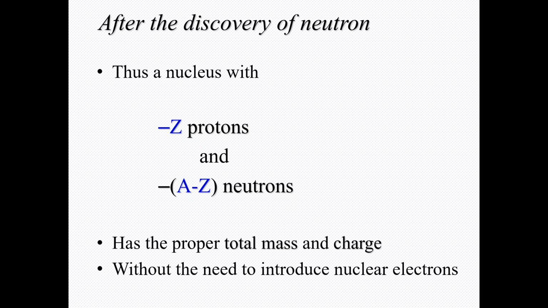I mean, now we can completely define the nucleus: it has Z protons and A minus Z neutrons, giving the proper total mass and charge of the nucleus. And here we don't need to mention nuclear electrons, which we also call beta negative, or beta positive, which are called positrons.